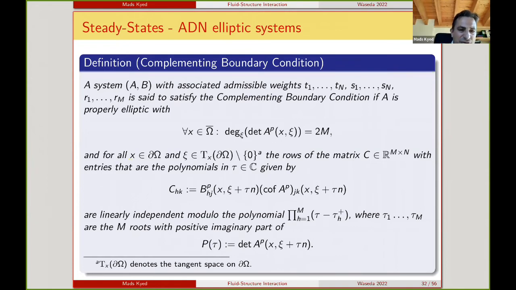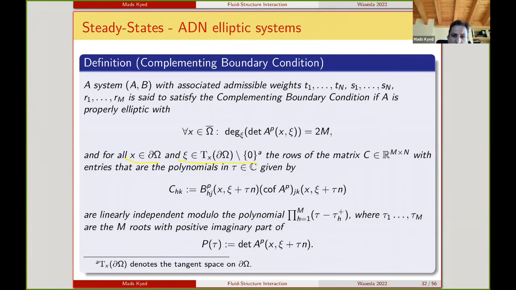If for all x on the boundary, so now you look at a point on the boundary, and then you take a psi in the tangent space at this point, the tangent space at x.